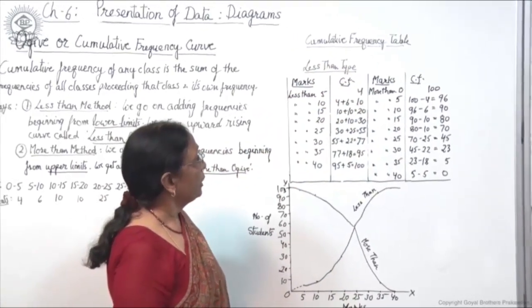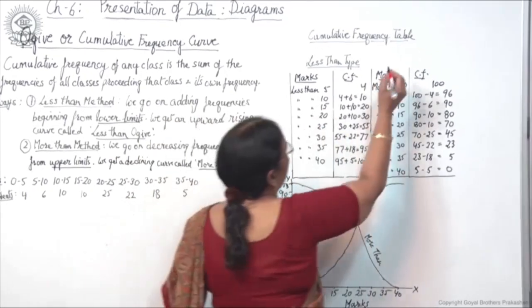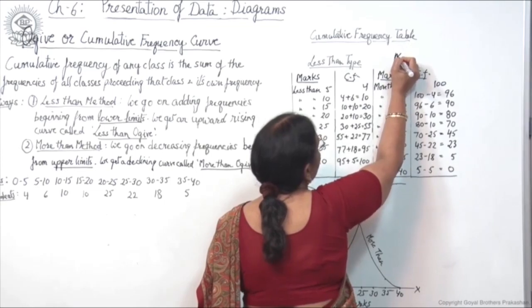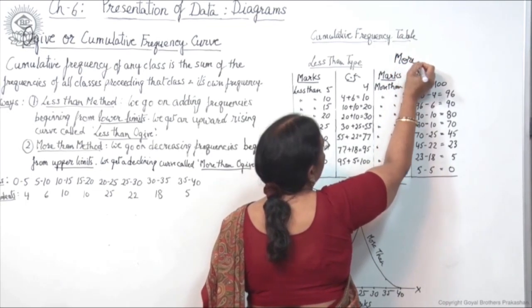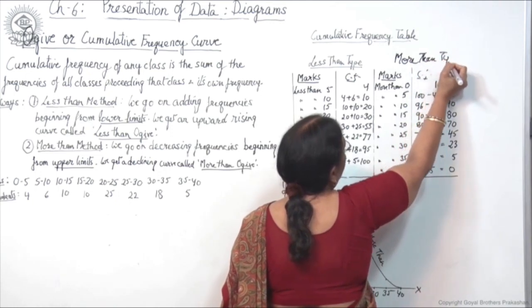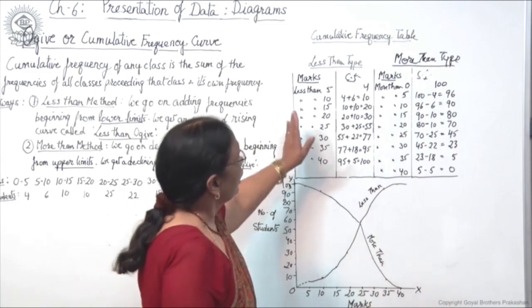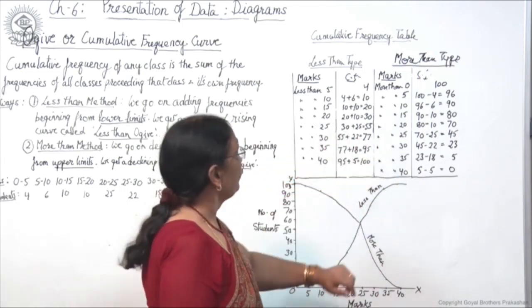That means we convert the data into a table showing the less than type and the more than type. Right? Now we convert the data into less than and more than.